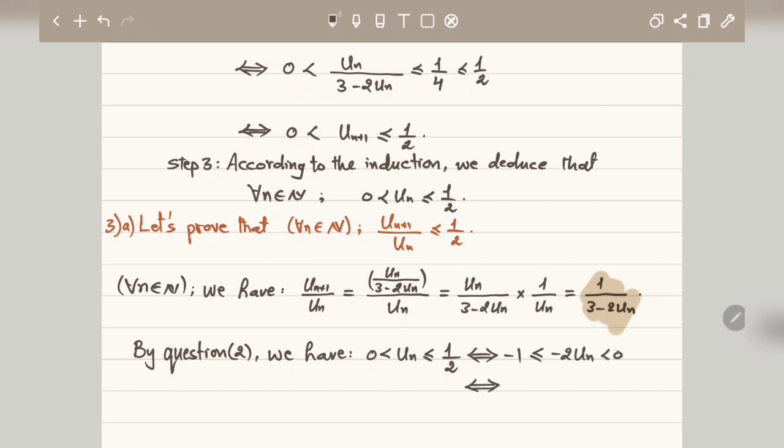Then we add 3, so 2 smaller than or equal to 3 minus 2un, smaller than 3.